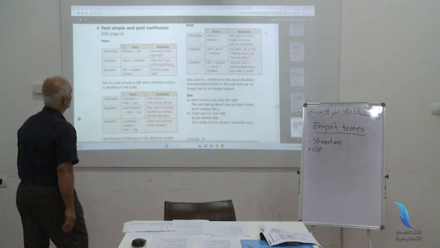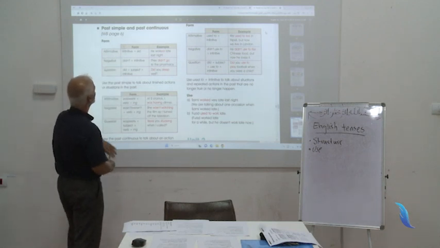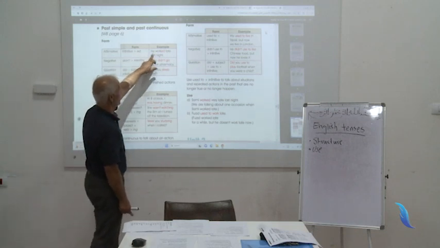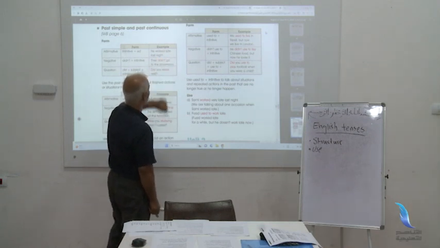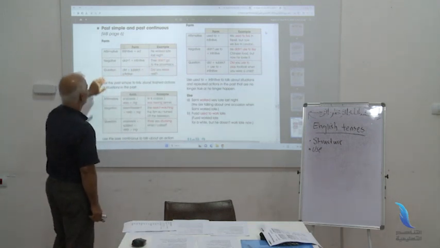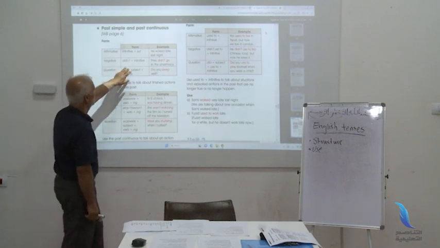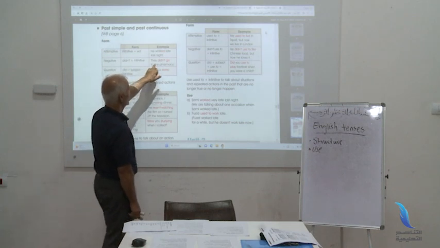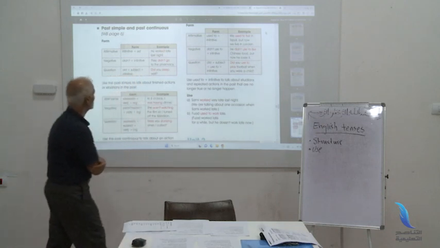When it comes to the form, it has to do with the infinitive plus ed. For example, he worked late last night. This is the affirmative. The negative is didn't plus infinitive. For example, they did not go to the pharmacy.